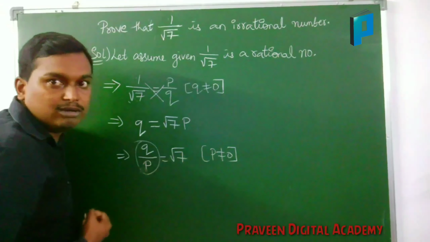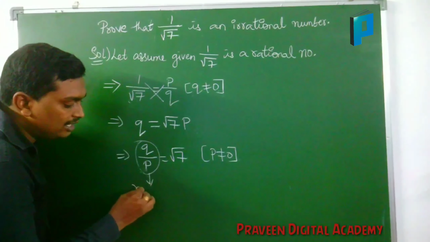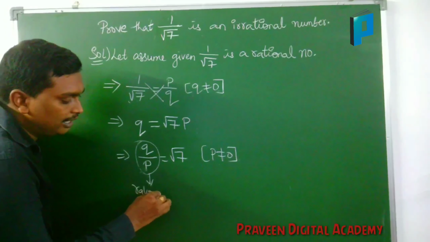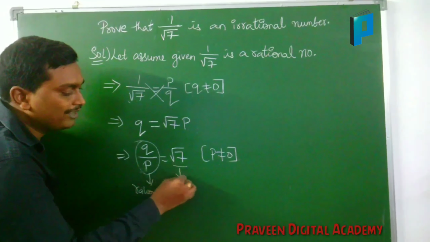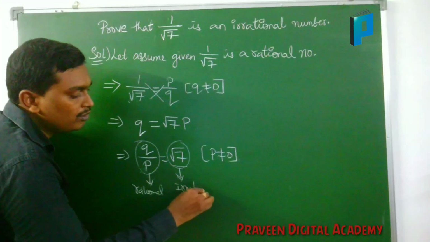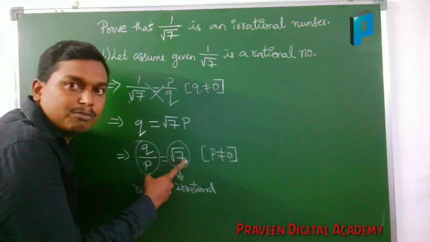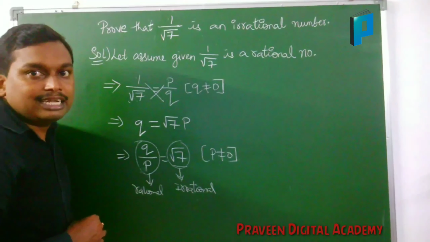This q by p is called a rational number. What is this root 7? Root 7 is a root of a prime number, which is irrational.